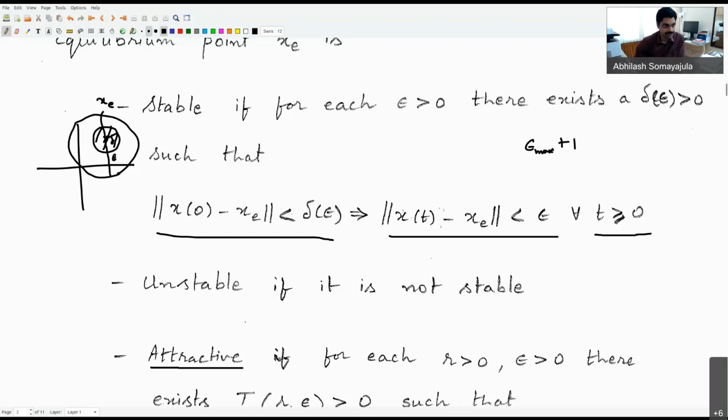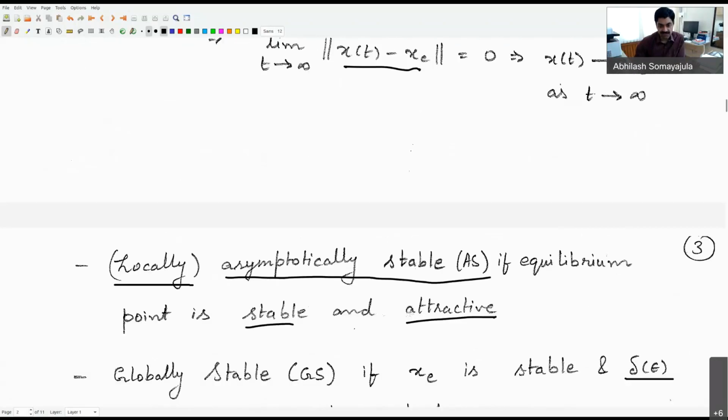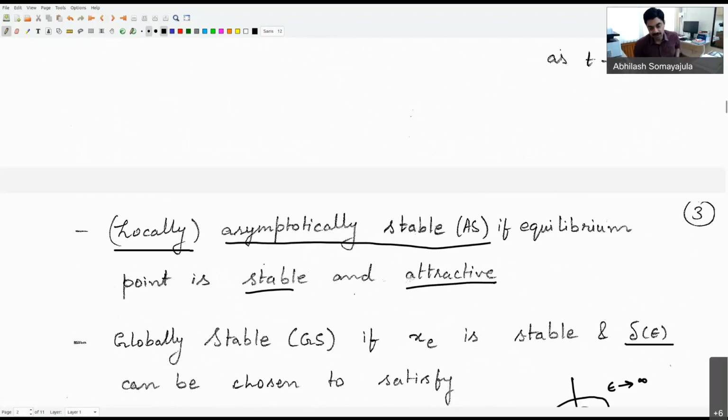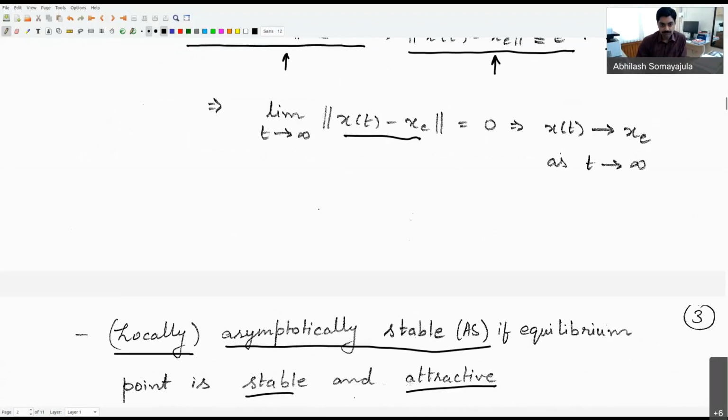Now, when I talk about the so-called asymptotic stability, I'm talking about the attractive nature of the stability point. Does it actually attract the trajectories towards it? Then only it is asymptotically stable. Which means, let me put a page here.